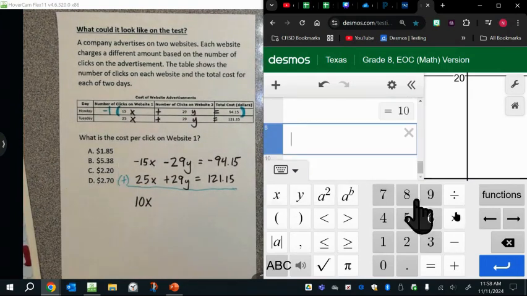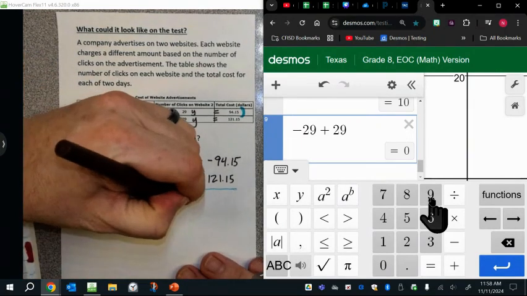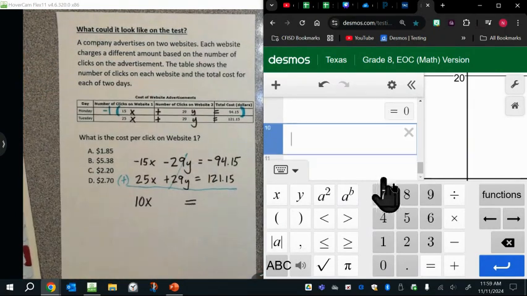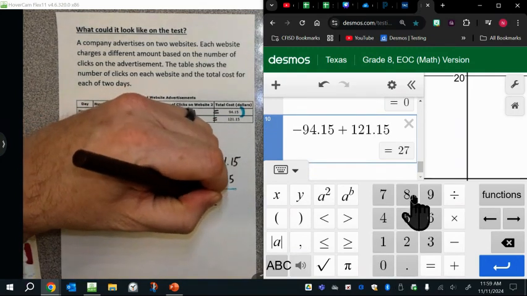Negative 29 plus 29, they eliminate. Yay. And negative $94.15 plus $121.15 is $27 total.